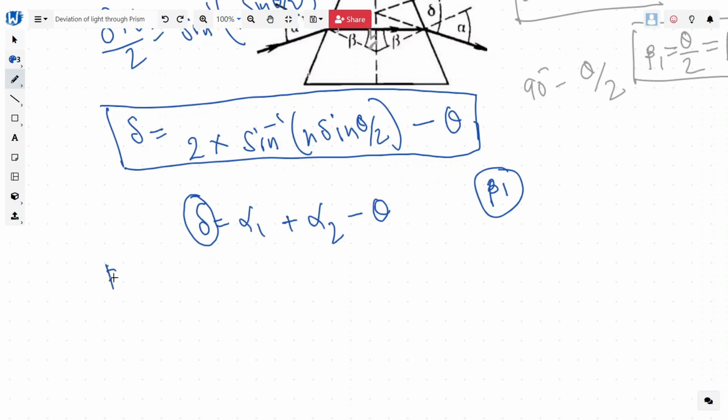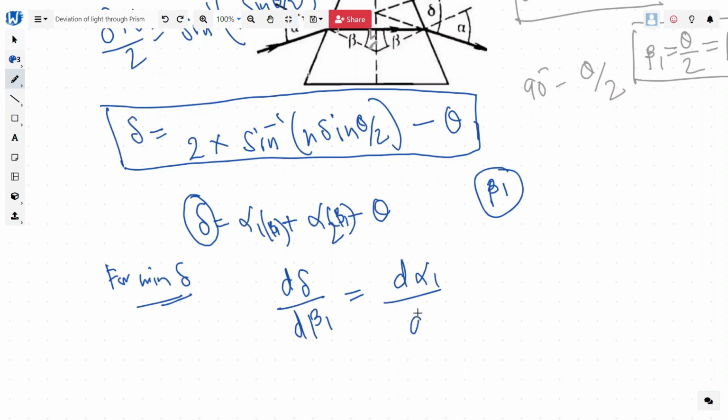So for minimum delta, we are going to differentiate with respect to beta 1. We'll get d alpha 1 by d beta 1 plus d alpha 2 by d beta 1, and theta is constant, so its derivative is going to be 0.